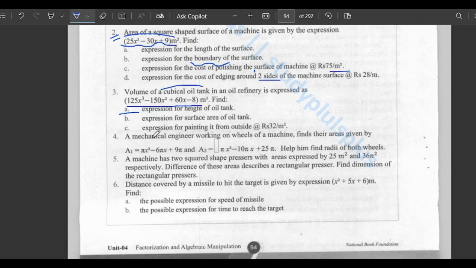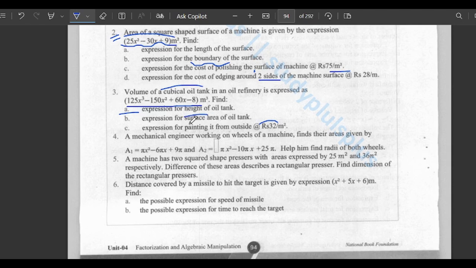Here we need to find the expression for painting it from the outside. Let's just look at the unit. It is per meter square. So if the unit is squared, then that means we are going to multiply this value with our area. But what is our area? We only found the volume, the dimensions and the surface area.